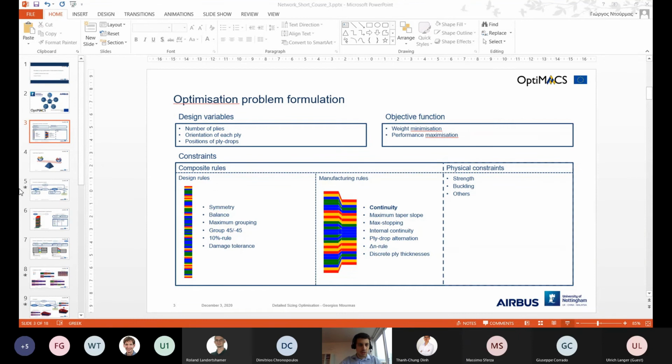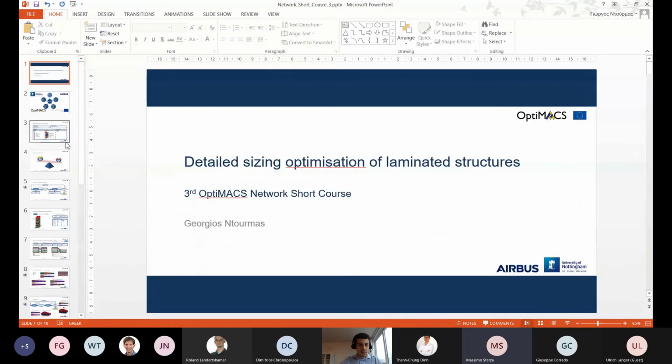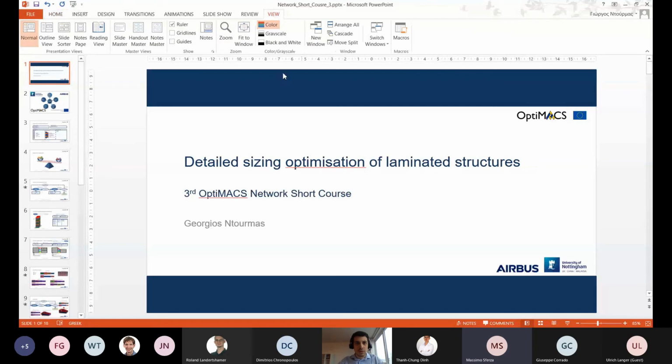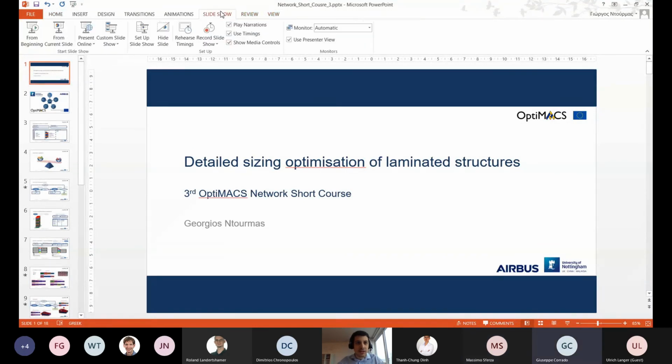We see the PowerPoint in the normal mode, so if you go to presentation mode, we don't see the slides changing. I think you need to share the presentation mode. What about now? Can you see it in full screen?